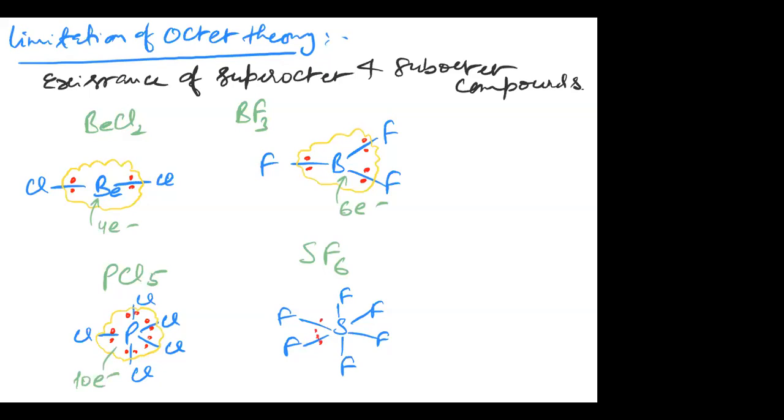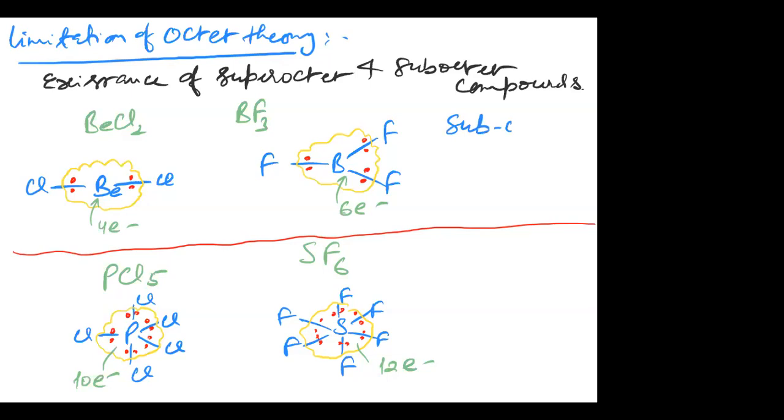And in the case of sulfur, after bonding, the valence shell of sulfur has 12 electrons. So if the total number of electrons is less than 8 in the valence shell after bonding, these compounds are known as suboctet or electron deficient compounds.